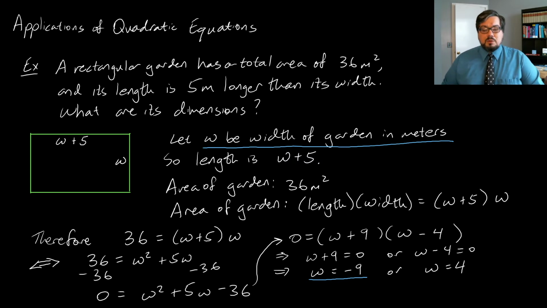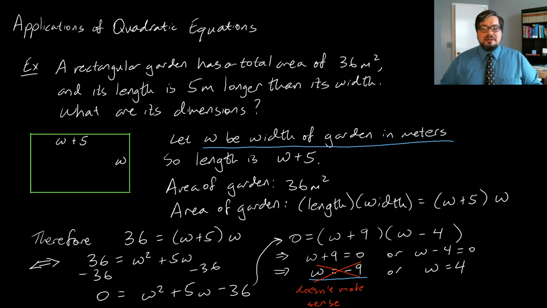And so we're going to eliminate this answer. This answer of negative 9 doesn't make sense for this problem. We'd also eliminate something that had w equals 0, for instance, because a 0 width also doesn't make sense in the context of the problem.